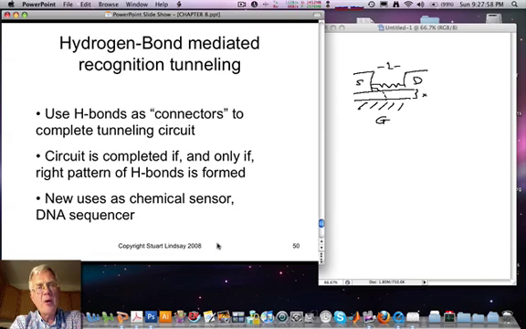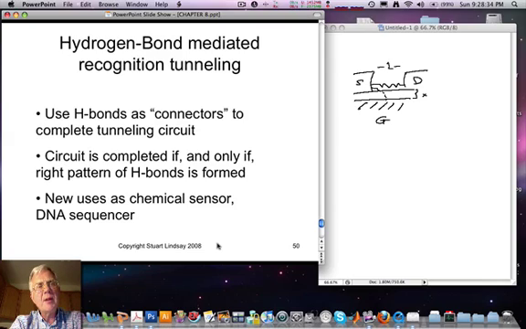Now, I've talked about covalent connections, but the connections could just as well be hydrogen bonds. If more than one hydrogen bond is used, they have the property, as outlined in Chapter 6, of acting as exquisite chemical recognition elements, because the pattern of donors and acceptors on one side of a hydrogen bonded junction has to be perfectly complementary to the pattern of donors and acceptors on the other side of the hydrogen bonded junction.